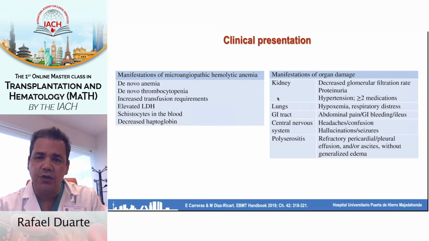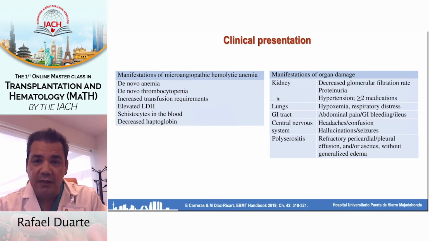But also, not only the microangiopathy, we also have the manifestations of organ damage in the kidney, decreased renal function, proteinuria, and this is an early manifestation, and then hypertension that may require more than 2 drugs for management.